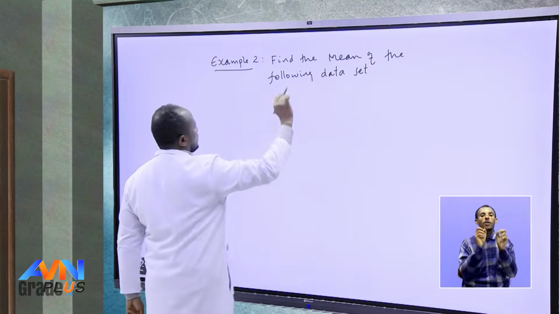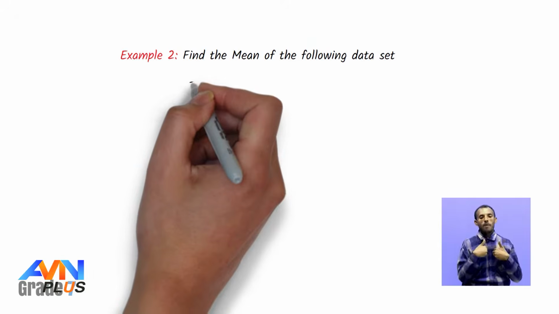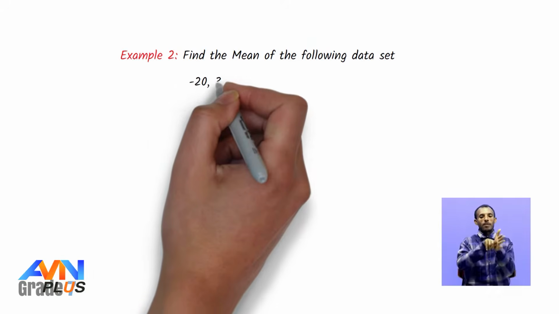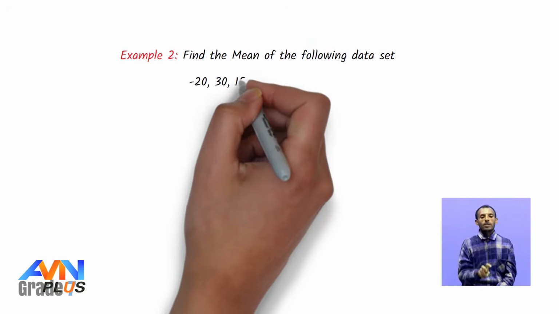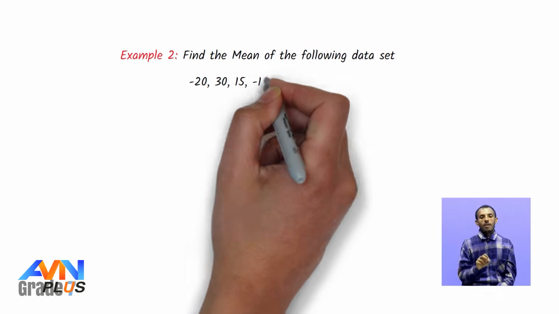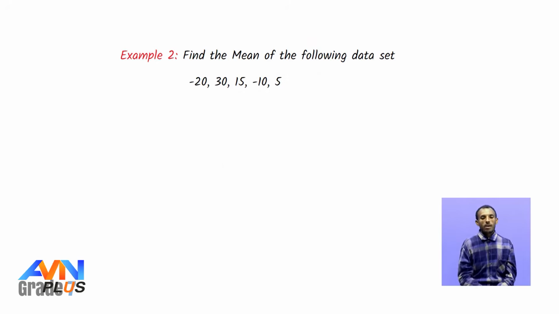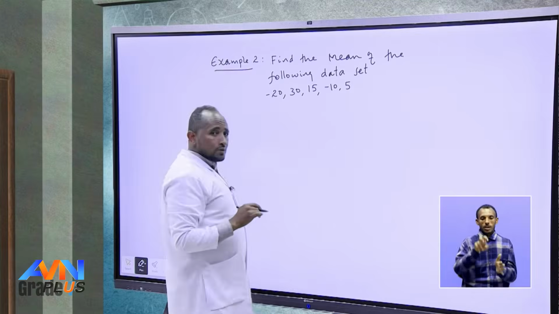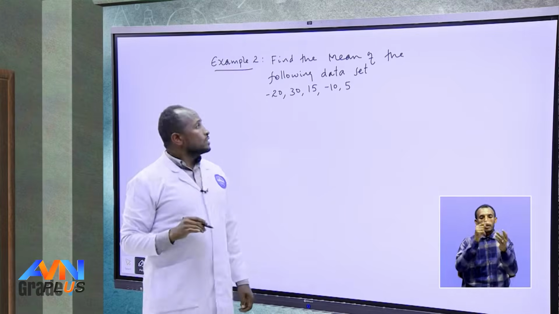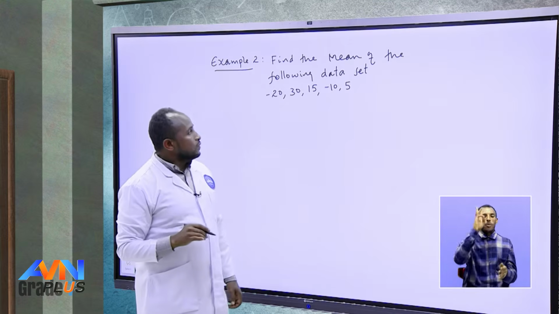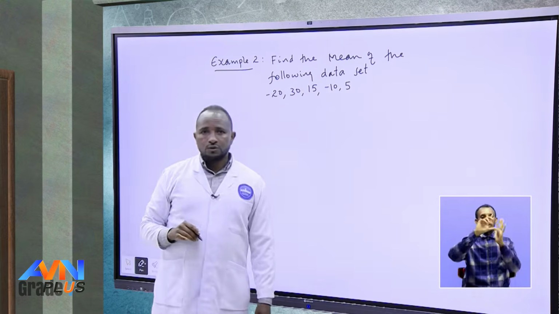Here you have this data set: negative 20, 30, 15, negative 10, and 5. Please, students, try this question. I'll give you 30 seconds for this question.